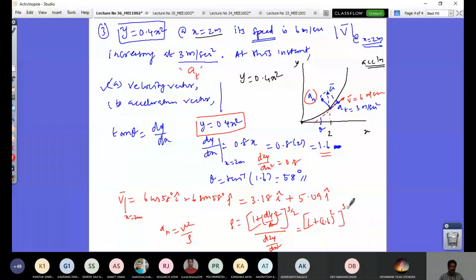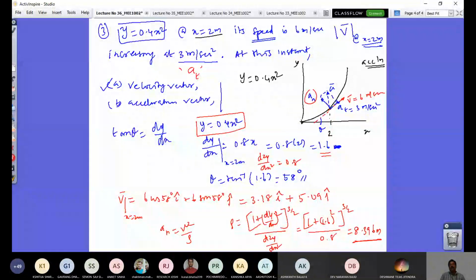So 1.6 square plus 1 is 3.56, to the power 3 by 2 is 6.72, divided by 0.8. So it is 8.396 meters. So that's rho at this position.